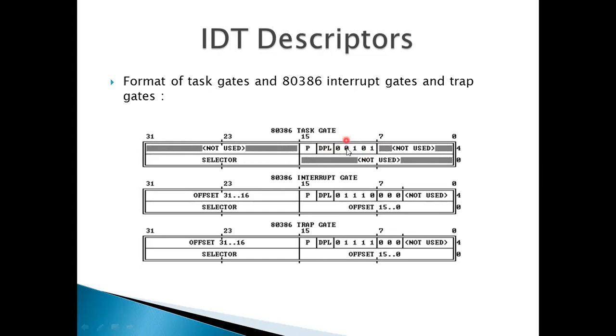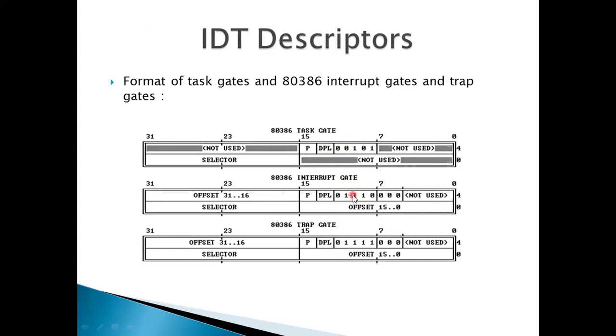This permutation will change depending on which gate is selected, whether it is a trap gate, interrupt gate, or task gate. When the task gate is called, we need to change the segment, or go to a different segment with the identified or changed values.